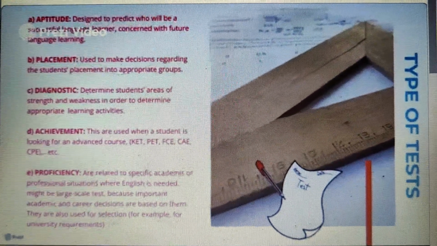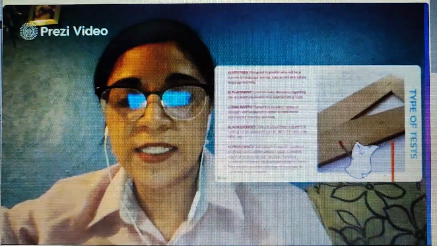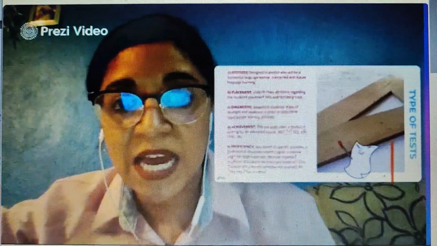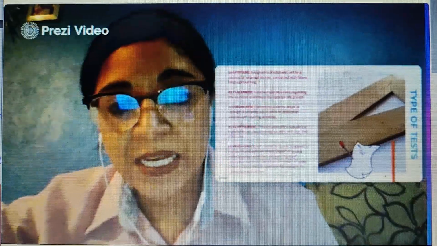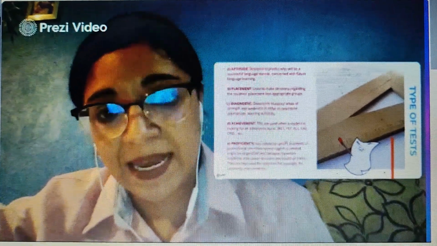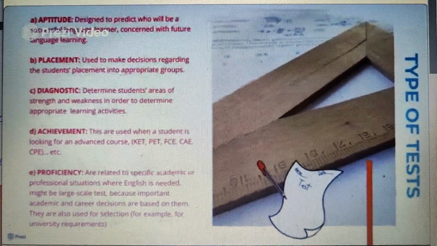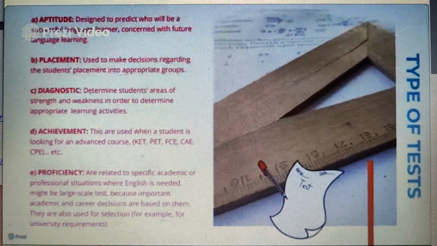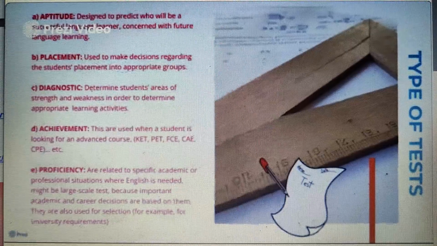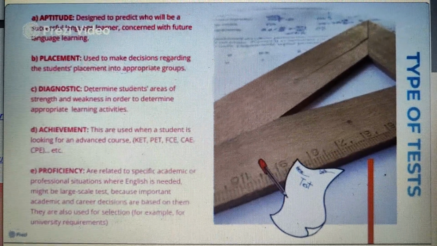Now here we have different types of tests. This is super interesting. We have the aptitude test, the placement test, the diagnosis test, the achievement test, and the proficiency test. The aptitude test is designed to predict who will be successful in language learning, concerned with future language learning.